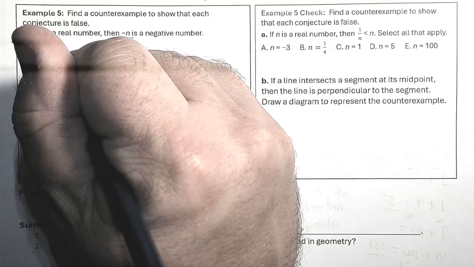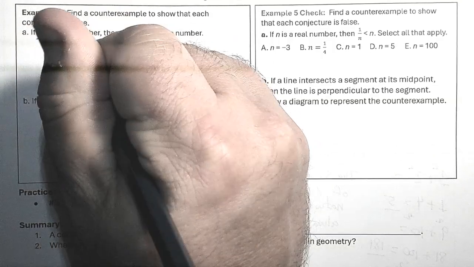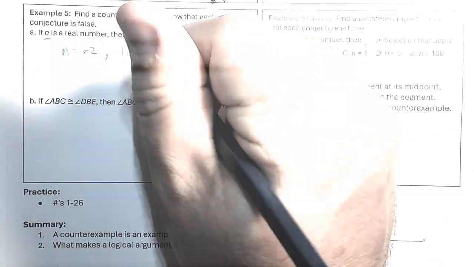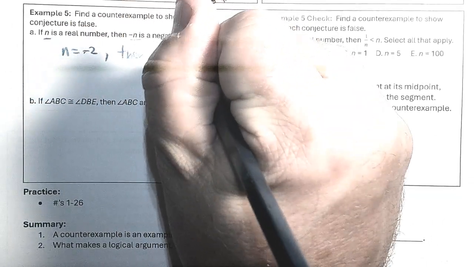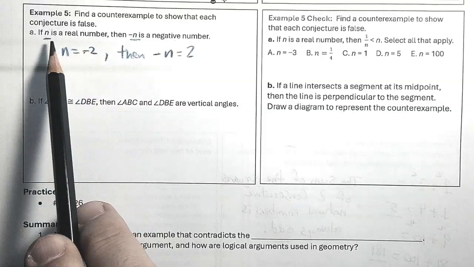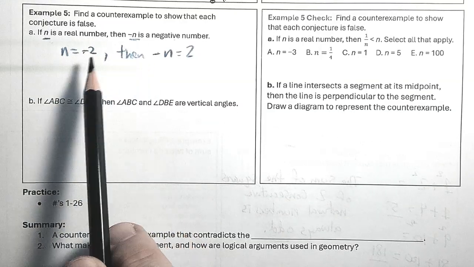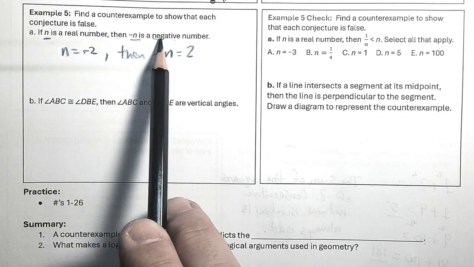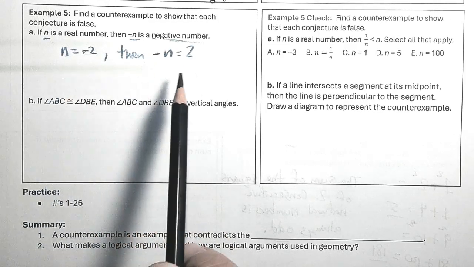But what if n is negative 2? Then negative n would be positive 2. So if n is a real number, and n is negative 2, then negative n is positive 2. So this is your counterexample.